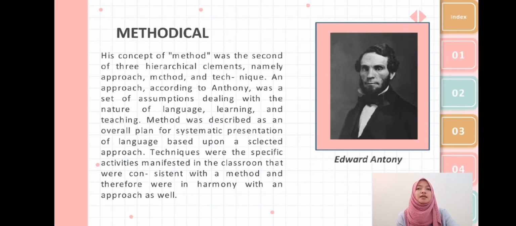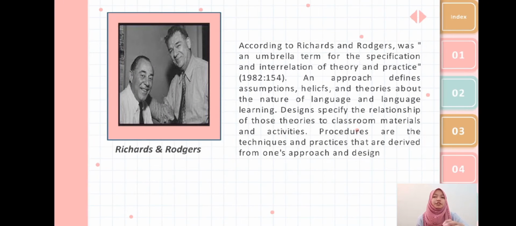And the second material is the explanation according to Richards and Rodgers about the specification of method. It was an umbrella term for the specification and interrelation of theory and practice.